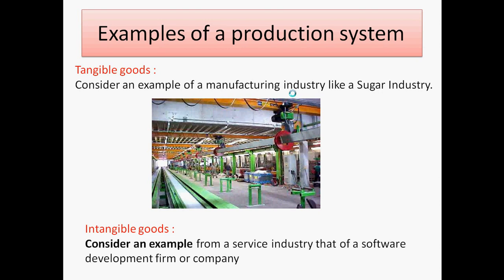This is a tangible good, which requires a number of conversion processes. But in the case of intangible goods, only we have to write the code. In the software industry, we write the code, or convert the program, and then finalize your automation. That is your intangible good; no conversion is required. These are examples of production systems, with tangible and intangible goods.